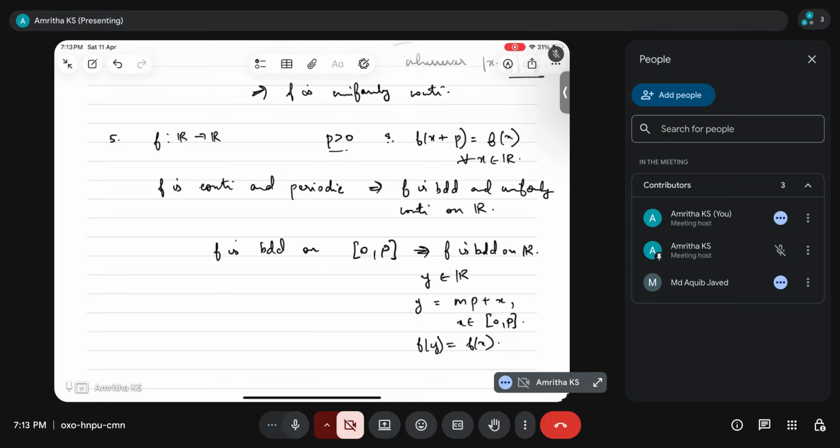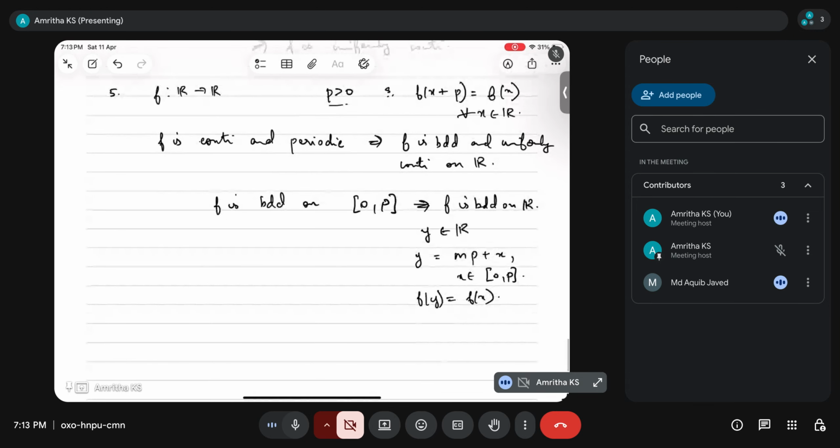Now what about this? f is bounded on [0,p]. Now f is continuous on [0,p], and continuous on [0,p] implies this, right?